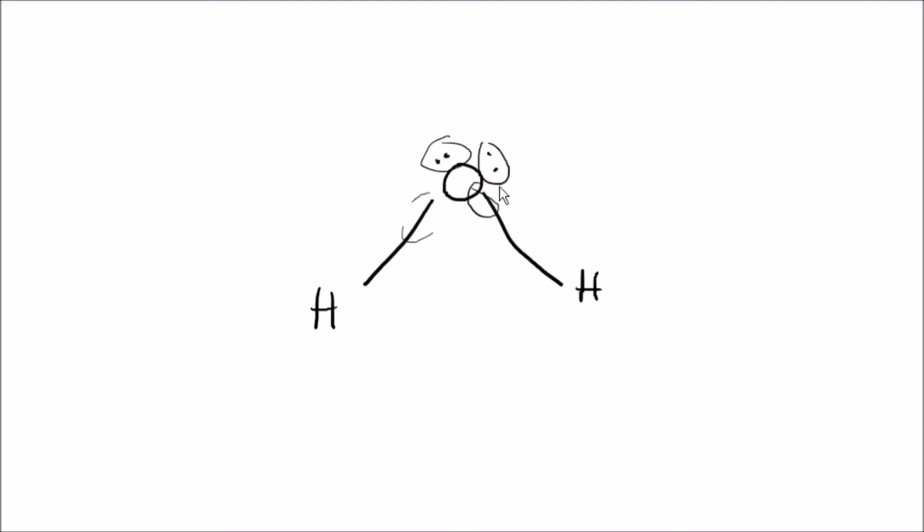And due to this repulsion of electrons, because we know that electrons don't like being near each other, right? And because of this, we have this VSEPR shape. And we'll get more into VSEPR shapes and so on and so forth, maybe in another video. But as of now, you just need to understand that oxygen is bent.